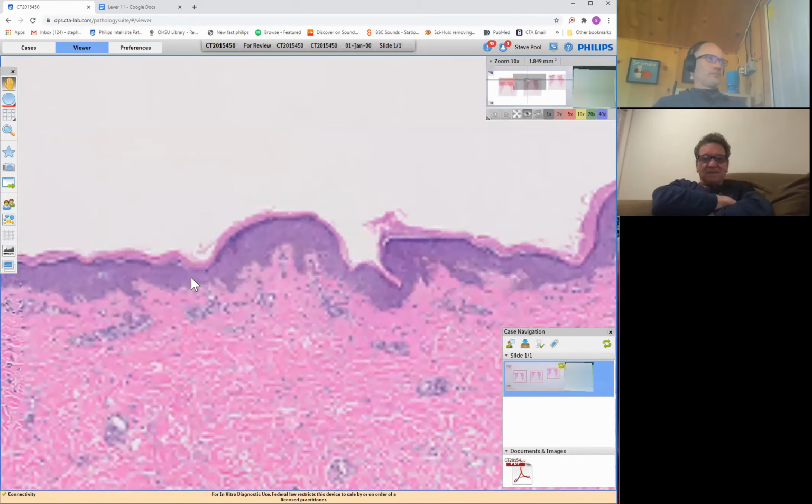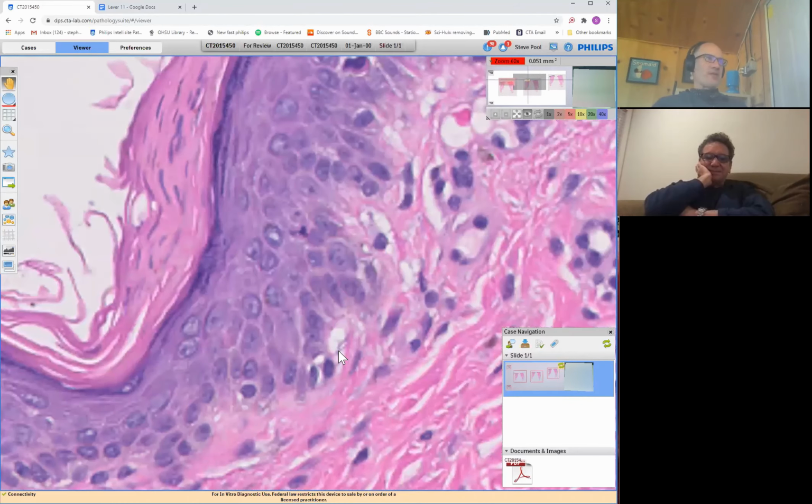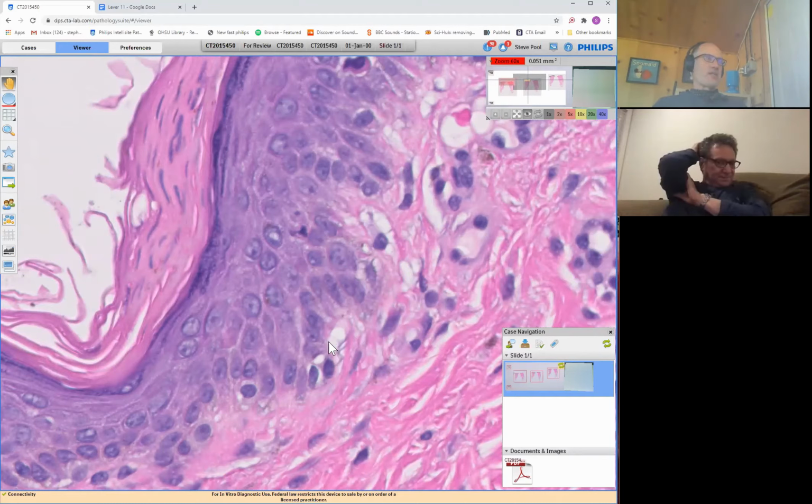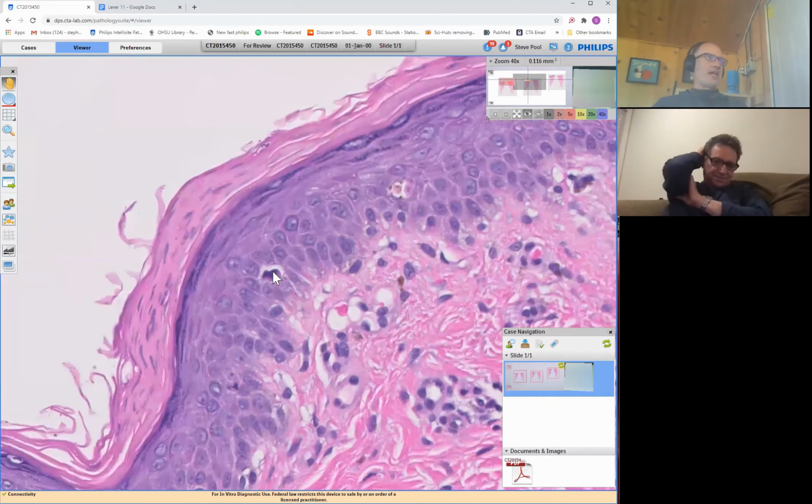Okay, so I've got two examples of this. This one is a fairly muted version, but interesting histology. There's a pretty sparse lymphocytic infiltrate. There are some vacuolar changes in basal keratinocytes, so we're thinking we're in the interface dermatitis category.